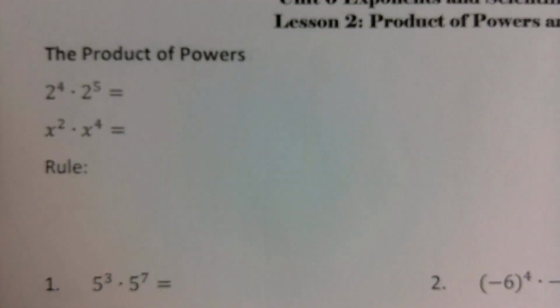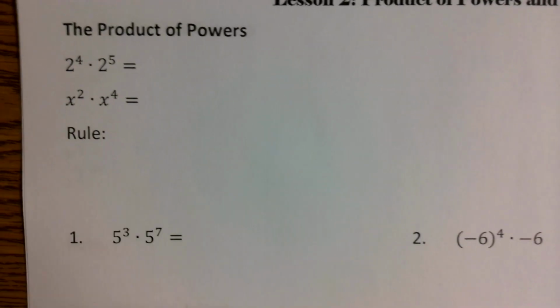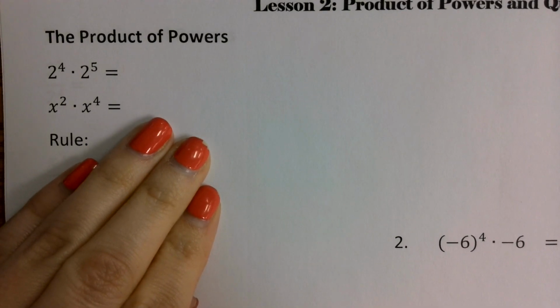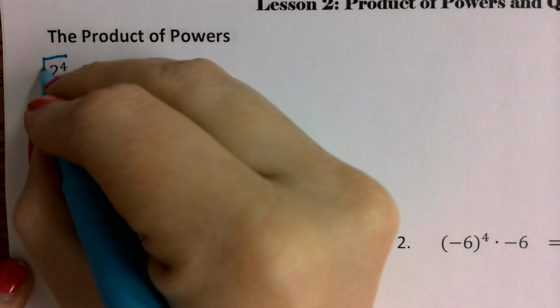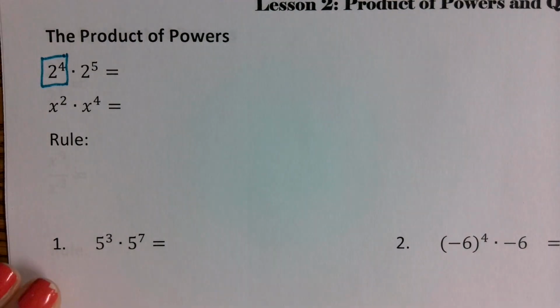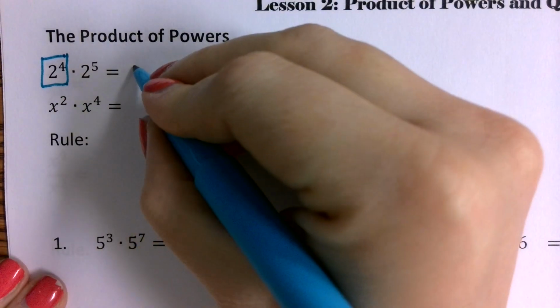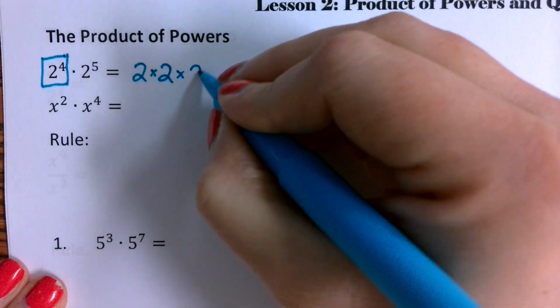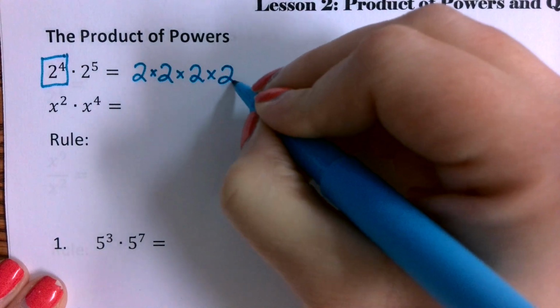If I were to map this out, meaning I write it out longhand, expanded form, and then simplify it. So for here, I've got 2 to the 4th. This portion right here says 2 to the 4th. If I write this out in expanded form, that looks like 2 times 2 times 2 times 2.